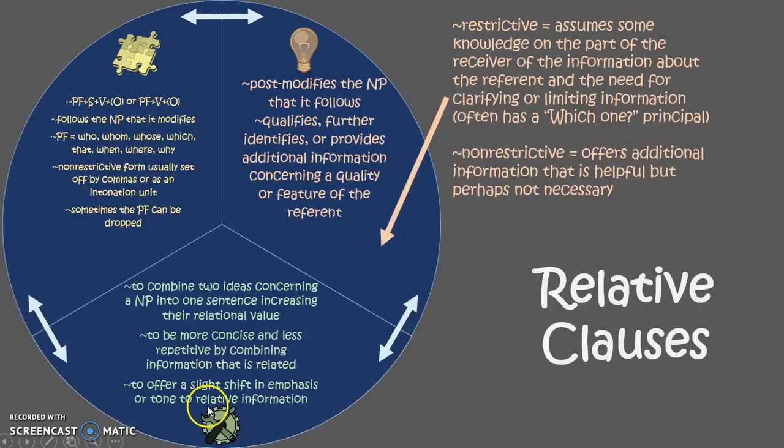Okay, let's look at how they are formed. As clauses, you're going to have a subject and a verb. And you can see here that the relative clauses are always going to begin with proforms. Those proforms are the relative pronouns who, whom, whose, which, and that, or the relative adverbs when, where, and why.